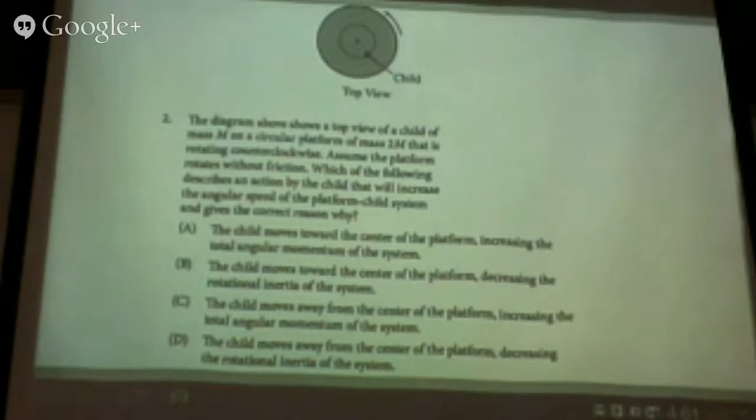Okay. On this one, if we have our child moving toward the center of the platform, our child and the platform are moving together. They should be treated as a system. So any forces between the child and the platform, like the friction between the kid's feet and the platform, that's an internal force. If there were a torque, it'd be an internal torque as well, which means it's not coming from outside our system.